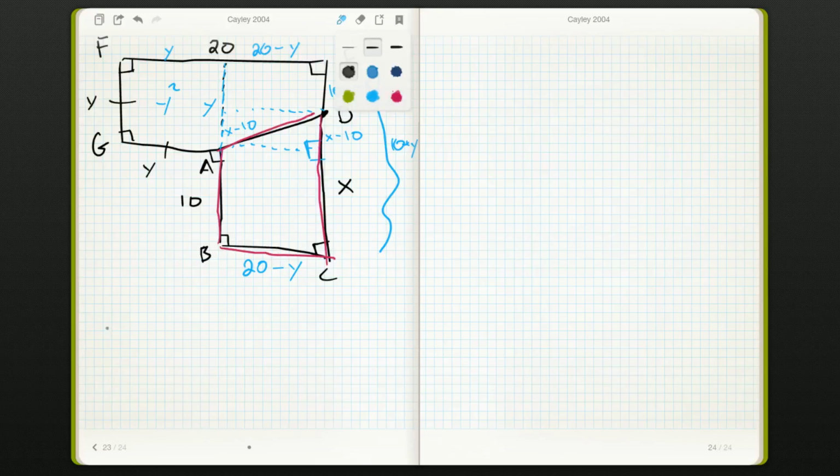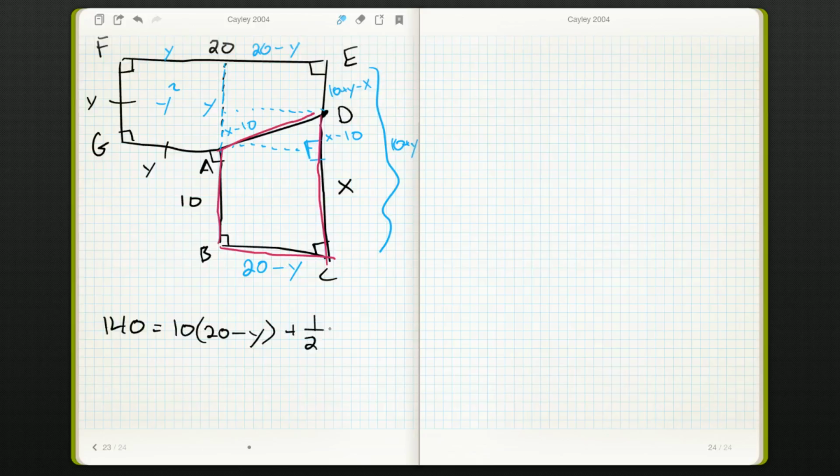And we'll have 140 is equal to, we've got 10 times 20 minus Y for this rectangle here, plus, and now we've got 1/2 base times height. Height is X minus 10. Okay, so because it's a right angle triangle, I know that we have base and height just from looking at the sides.